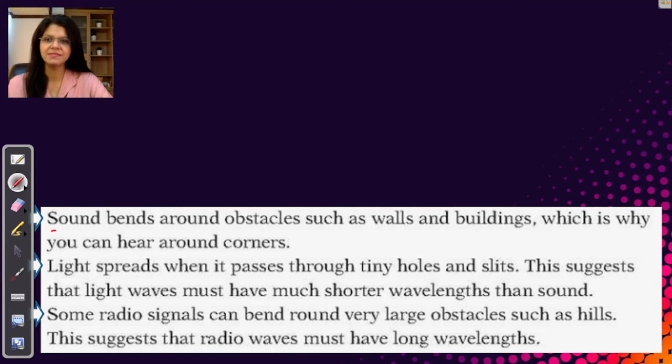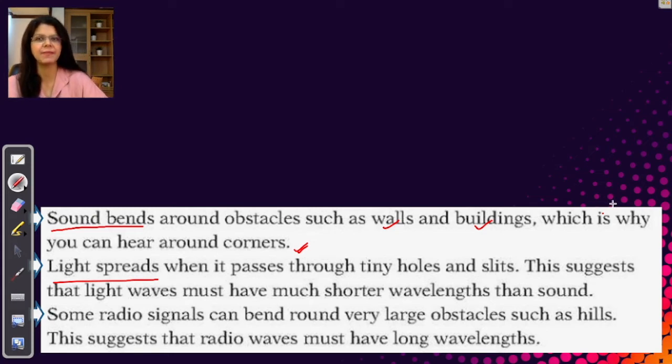Now sound bends around obstacles such as walls and buildings, which is why we can hear sound around the corner. Light waves, when they pass through tiny holes and slits, suggest that light waves have much shorter wavelength than sound. So let us compare sound and light. You are given sound and light.